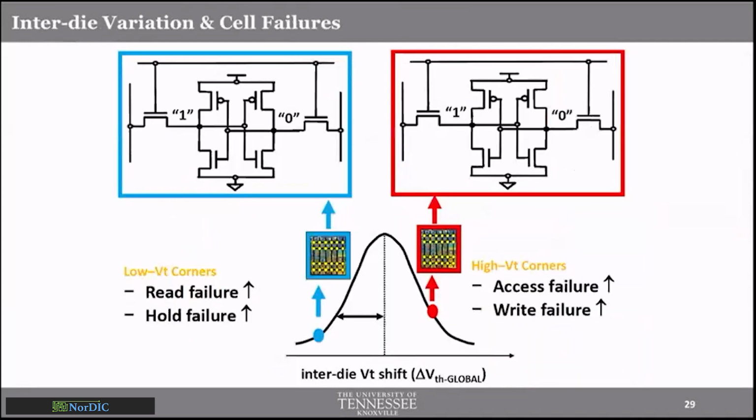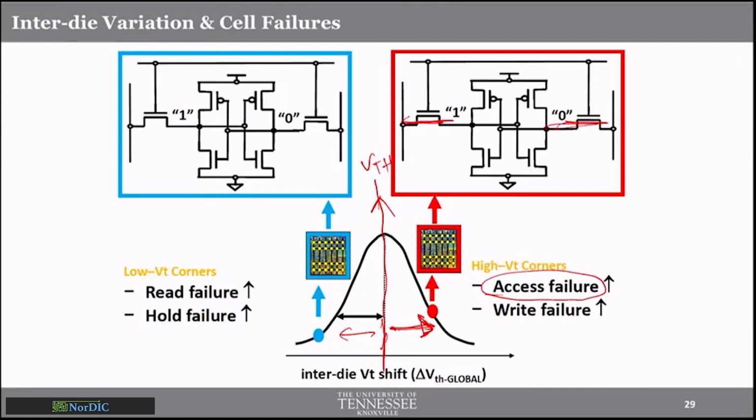And here are some examples. Imagine this is your threshold voltage distribution. This is supposed to be the nominal, the ideal value of threshold voltage, VTH, but you can end up with values in both directions, higher threshold voltage or lower threshold voltage. Higher threshold voltage will make your transistors weaker, and wherever you need stronger transistors, you will suffer. For example, access will be problematic because for access you needed a stronger access transistor.